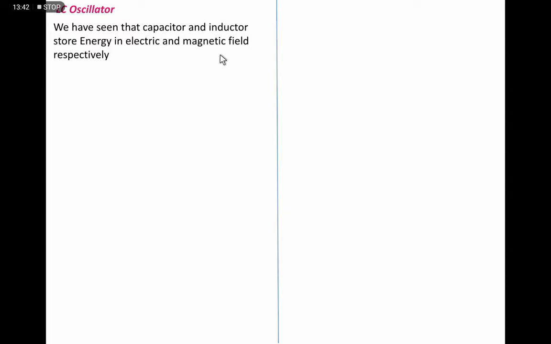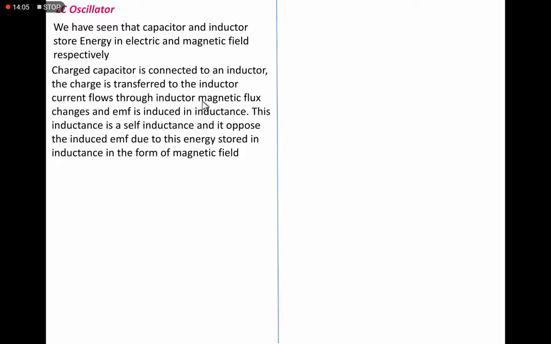We just studied how the energy is stored in inductance, that we already studied in the previous chapter. And in electrostatics we learned how the energy is stored in the capacitor. By using this we'll explain the LC oscillator.